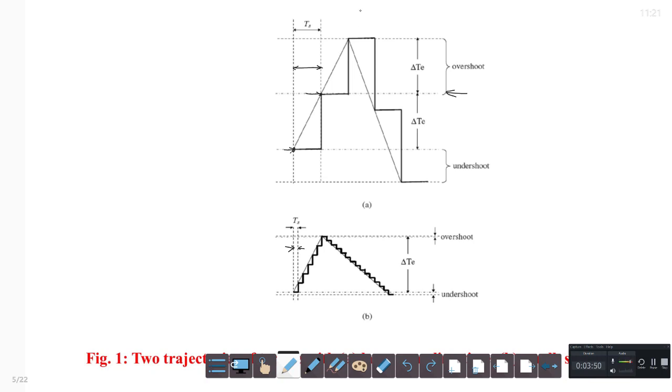Similarly, when we want to reduce the torque and apply another voltage vector, there will be undershoot. So, torque ripple is large, whereas when the sampling frequency is large and the sampling time is small, there will be small steps of change in the torque, so that the overshoot and undershoot are small. That is the advantage of using higher switching frequency.